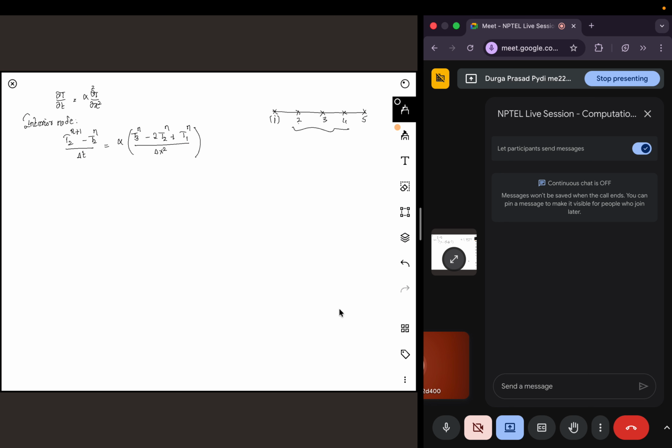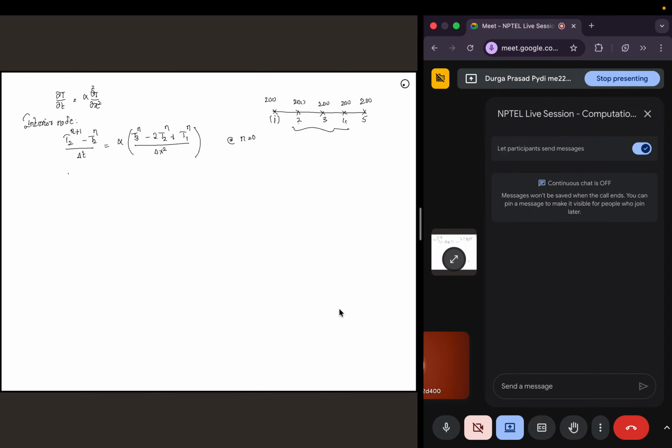As you can see, the initial temperature is already provided to us. So at all these points, the initial temperature is 200. Since the initial temperature is given, at n equal to 0, all these values are known to us.